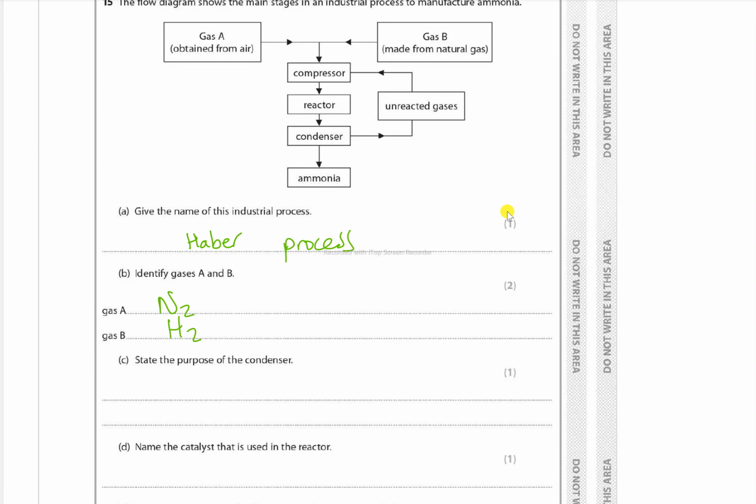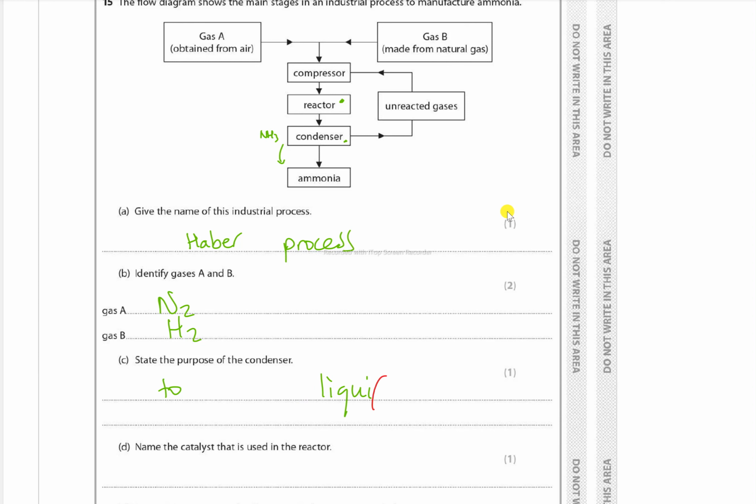So in the condenser, you react them and you produce what? Ammonia. So you condense it. To condense or liquid, well, that would be a poor choice of words, because they put the word condenser there.